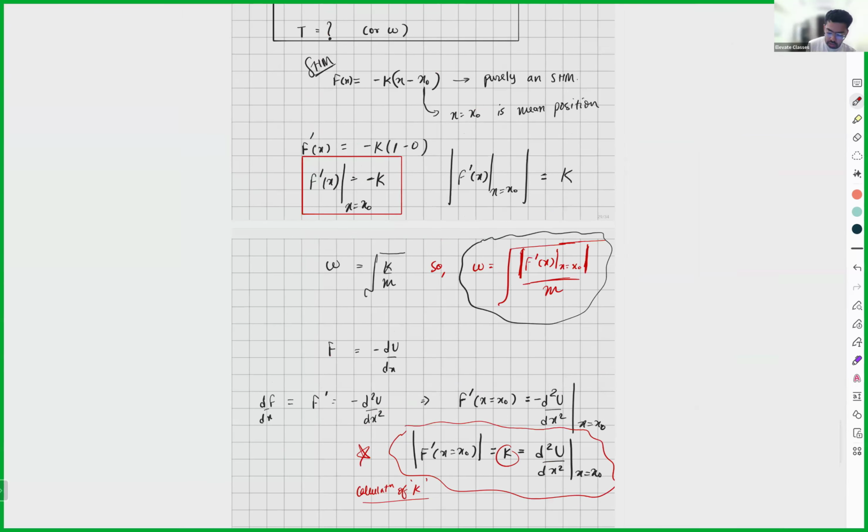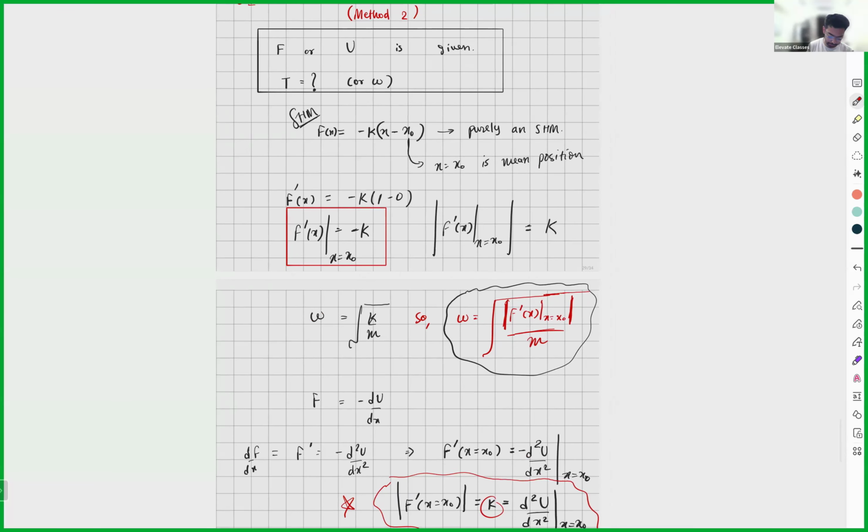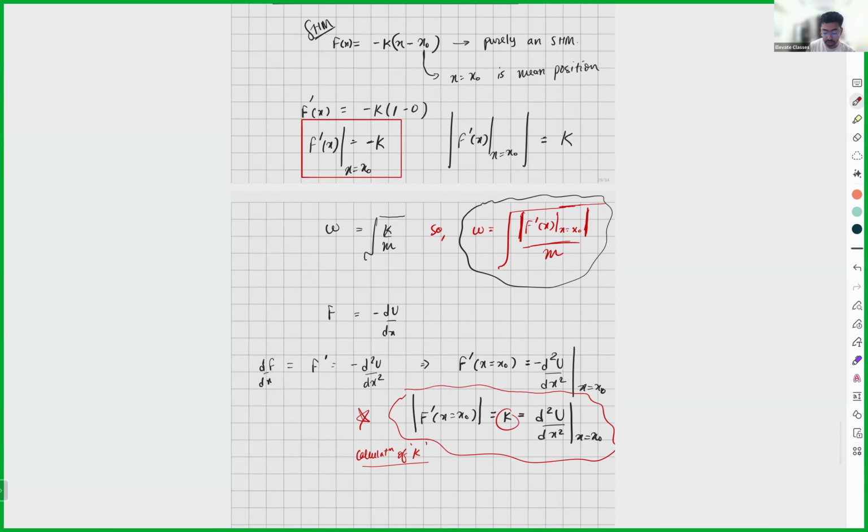Now, of course, this can be done through a general method by Taylor expansion of force about the mean position x equal to x naught. I'm not going into the Taylor expansion. You can see the text for a general case, because this was a purely SHM case, right? What I am saying is this can be applied to a system which behaves like an SHM in small oscillations also. So I am generalizing the thing but using a special case.